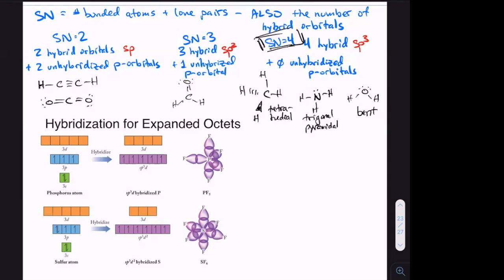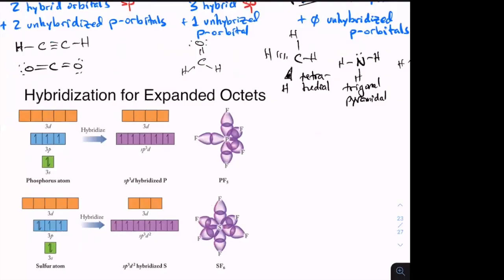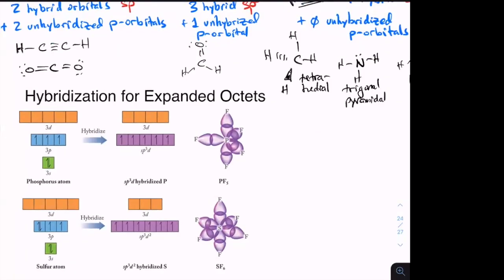It's again with this idea of hybrid orbitals. Just like I showed you before, but without going into the same level of detail, if you have an SN of 5 or an SN of 6, well, maybe you've made that realization by now. Those are all going to be molecules where the central atom exhibits hypervalency.